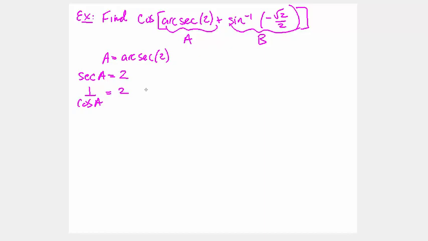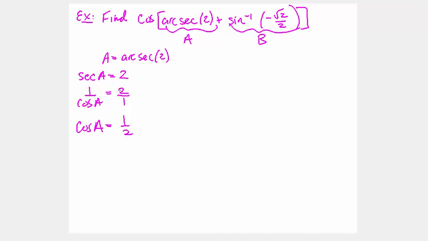But then if I want to get cosine of A on the numerator, I could just flip this entire proportion upside down to make this cosine of A equals 1 over 2. I'm flipping the left and the right sides of this proportion upside down. So cosine of A is 1/2.